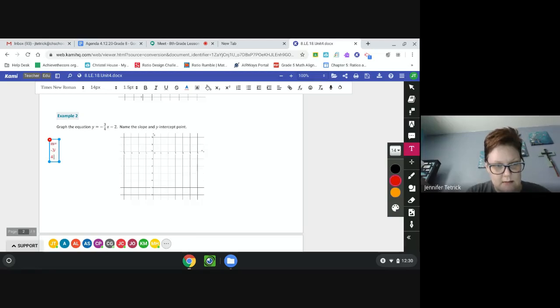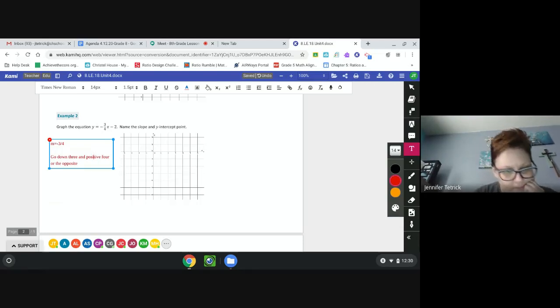So this means that I'm either going to go down 3 and positive 4, or the opposite. Okay, someone other than Jayana, tell me what is my intercept?